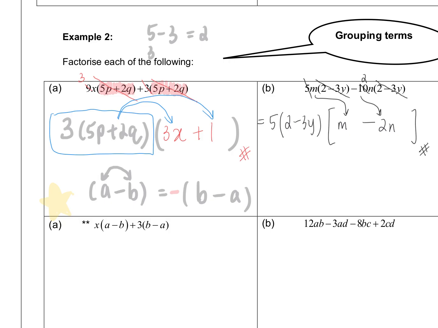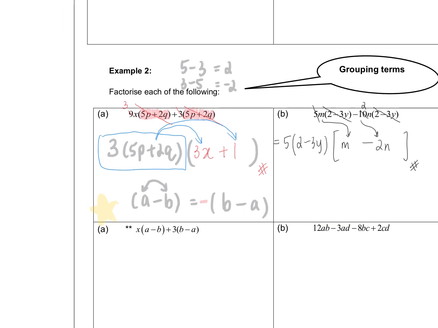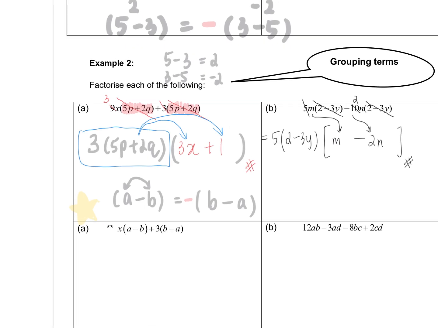But if I have 3 minus 5, I know it's negative 2. So to make them equal, you need to multiply by negative sign. Okay, you understand? It's like if I write 5 minus 3 and I want to change it to 3 minus 5, I must put minus in front. Because this is 2, this is minus 2. So if you swap their position, you need to make the number in front opposite sign.